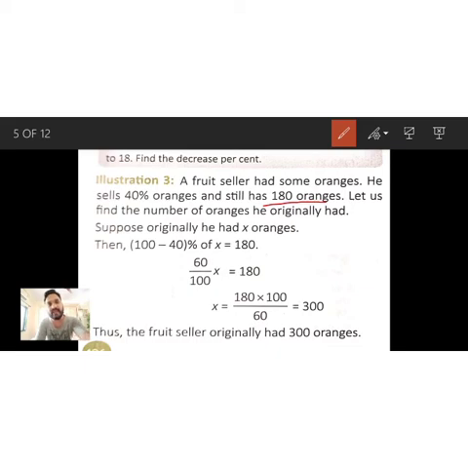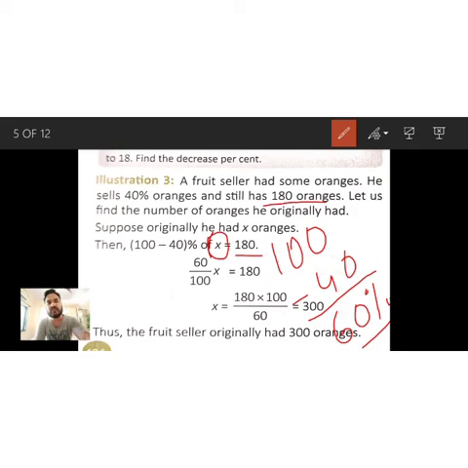Now see, in 100 percentage, 40 percentage he sold out. So how much percentage does he have left? He has 60 percentage left. Now 60 percentage of the total oranges equals what? 180. Why? Because he still has 180 oranges left. So how much percentage of oranges is left with him?